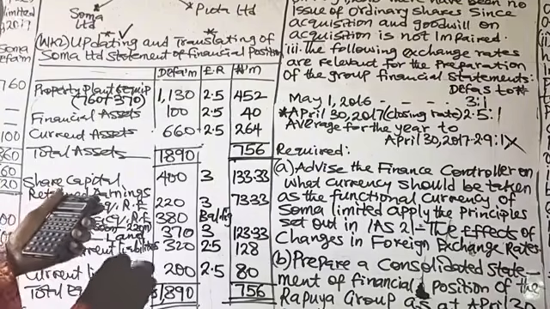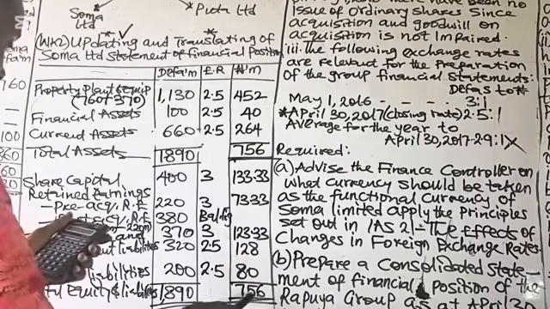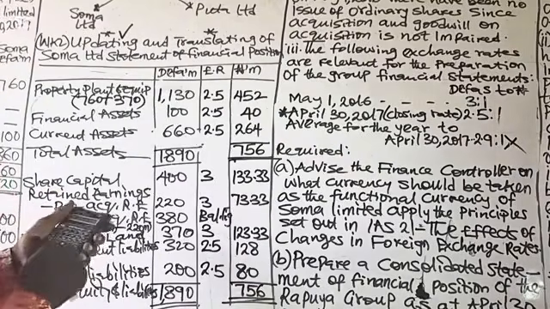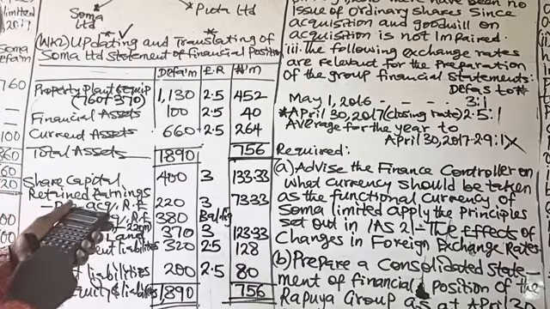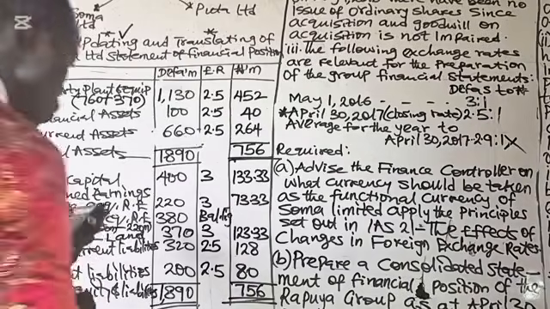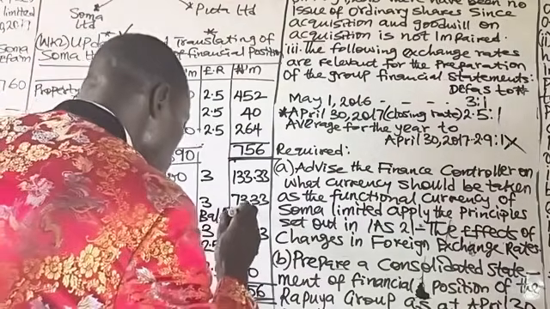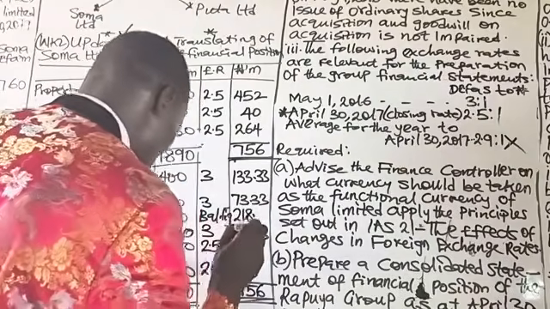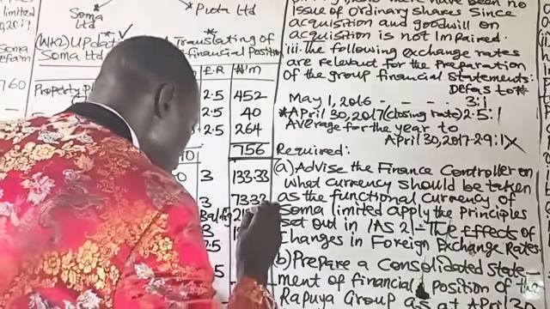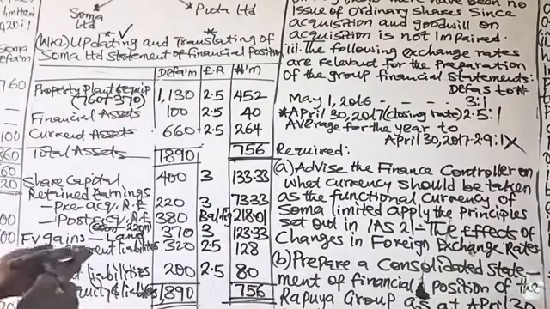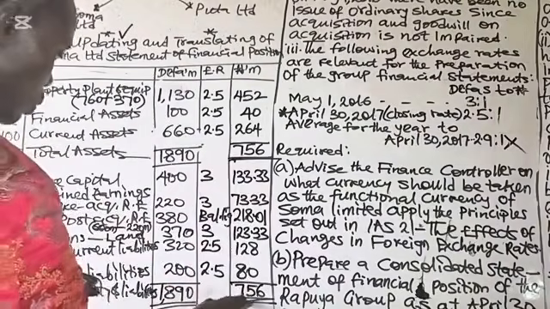So this is 537.99. The difference to 756 is 218.01. That is the balancing figure. So if you add it to this, it will be equal to this.